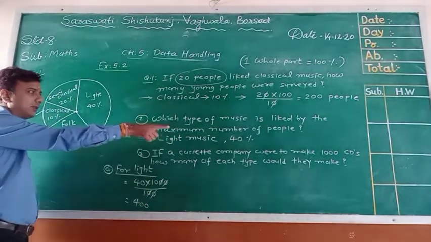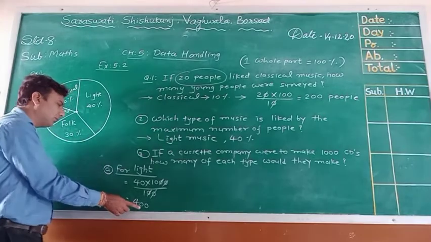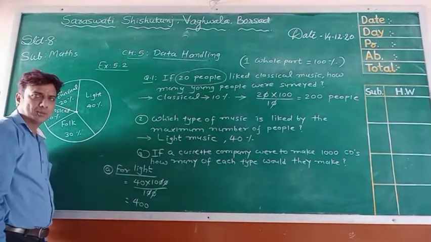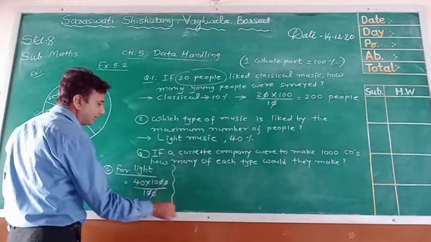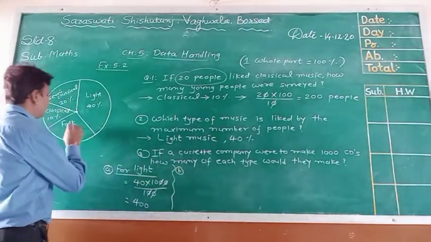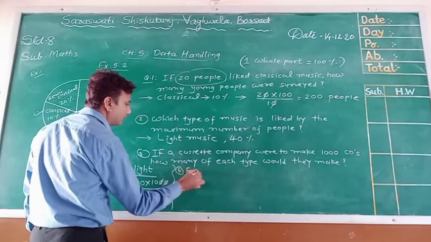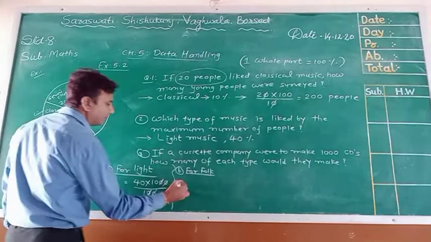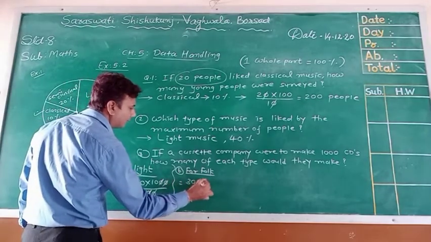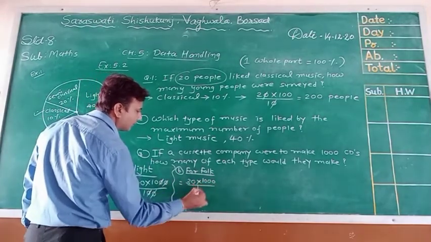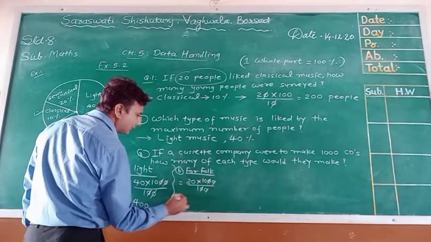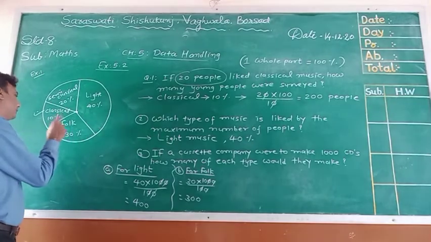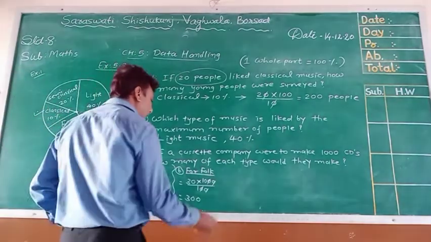From that 1000 we take 400 CDs to distribute to the light section. Second is folk. For this, 30, same method: 30 multiplied by 1000 upon 100 means 300 CDs. So 300 CDs we give to the folk section.